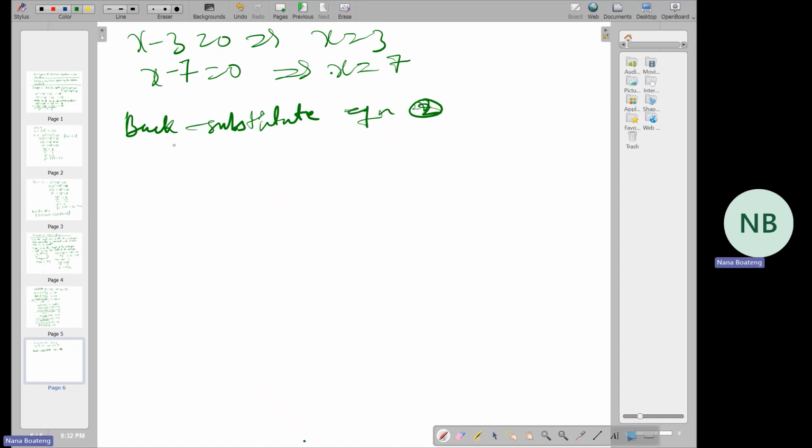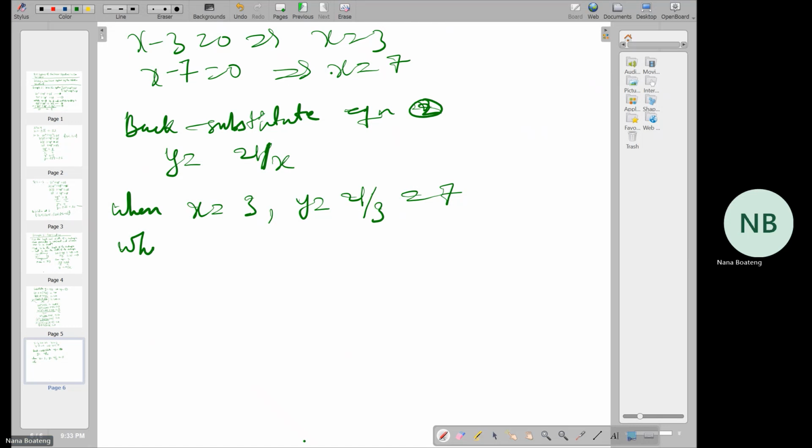So from equation 2, we found out that y is equal to 21 divided by x. So when x is equal to 3, then y is equal to 21 divided by 3, which equals 7. When x is equal to 7, then y is equal to 21 divided by 7, which equals 3.